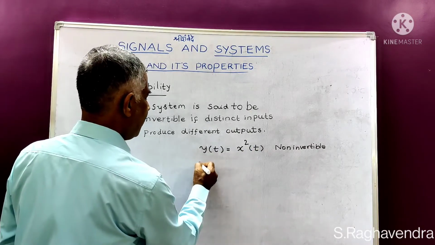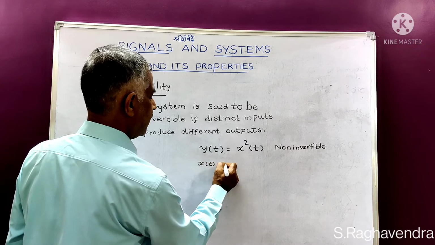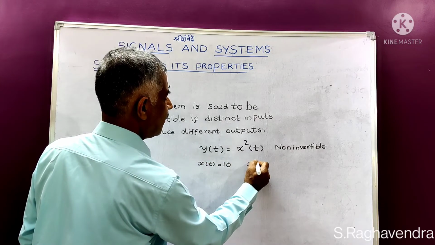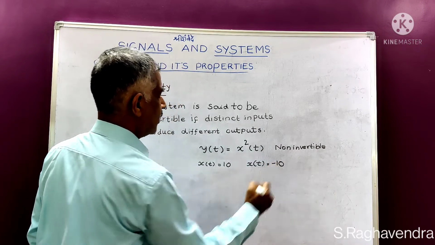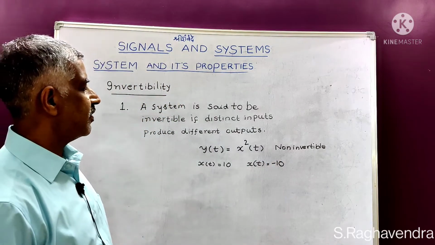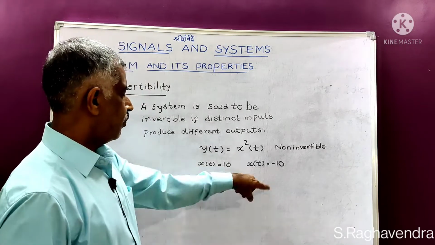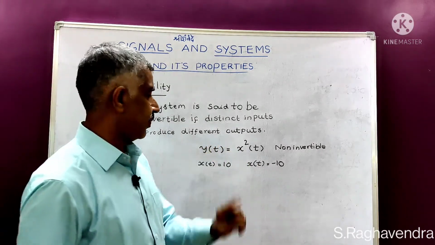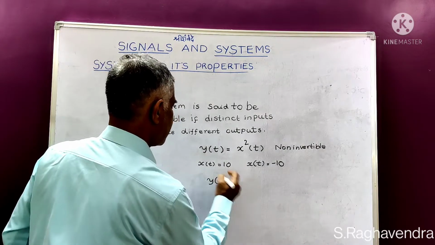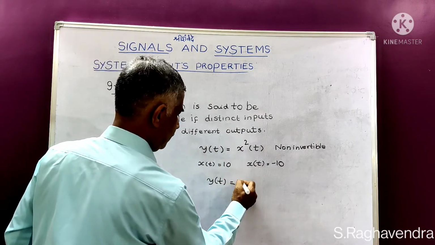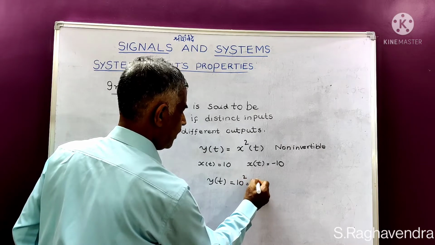Now for example, if x of t equals 10 or x of t equals minus 10, for both cases the output is the same, that is 100. First case y of t equals 10 square, that is 100.